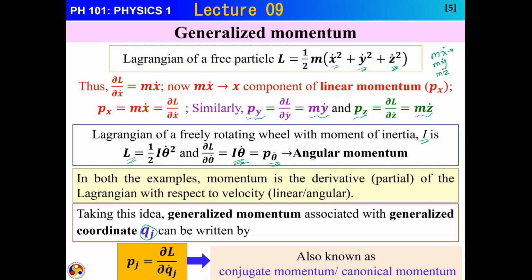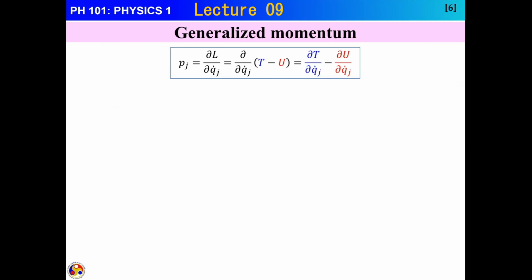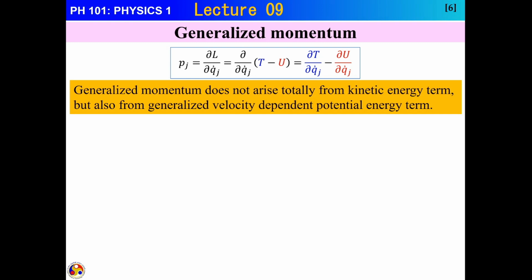But we should remember that although we say the generalized momentum is the derivative of Lagrangian with respect to generalized velocity, the Lagrangian has two terms, both kinetic energy and potential energy.